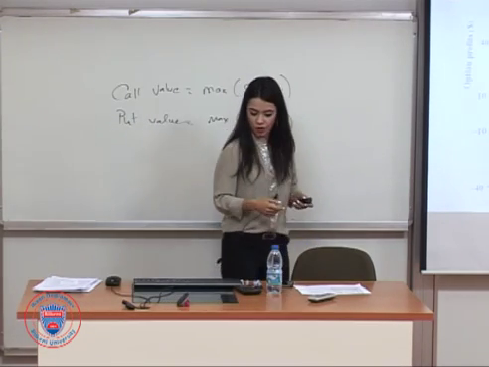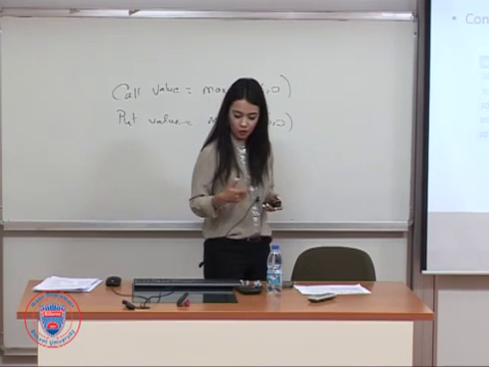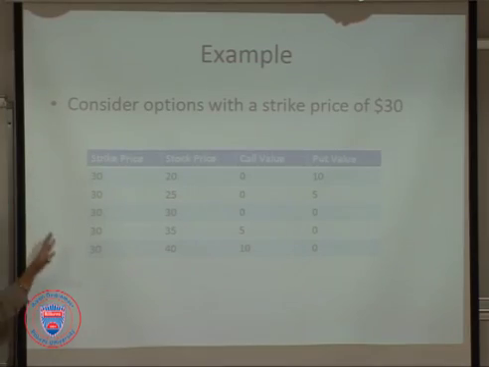Before going to more detailed stuff, I want to go over this simple table. I know you find most of those things very simple, but we're going to go into complicated stuff very soon. Don't worry. So suppose that we are interested in the call values and put values for a stock with different stock prices, and the strike price is 30.